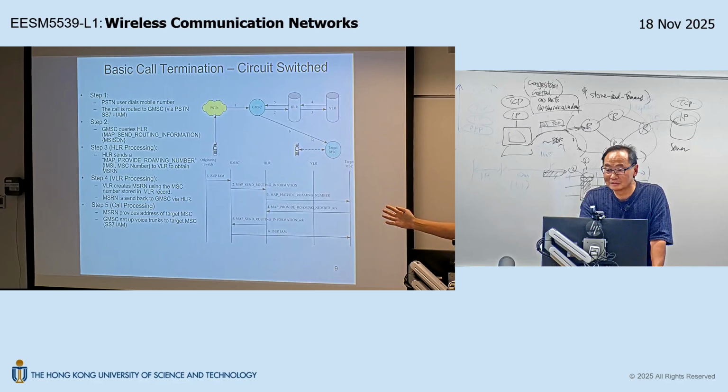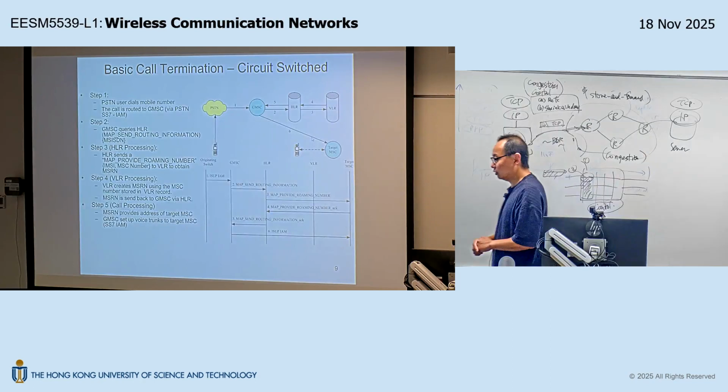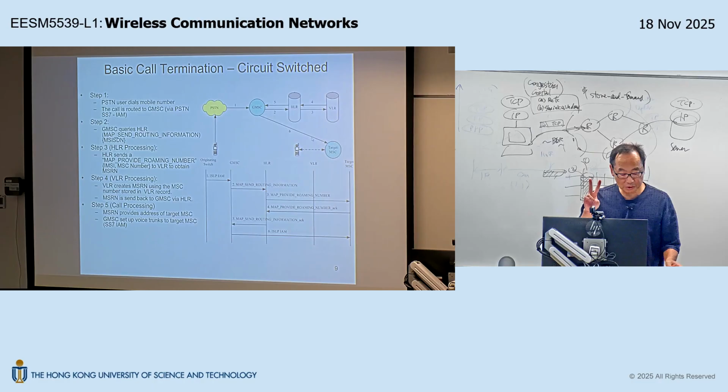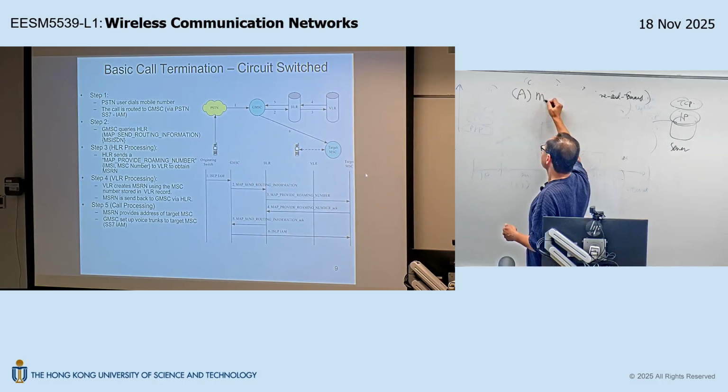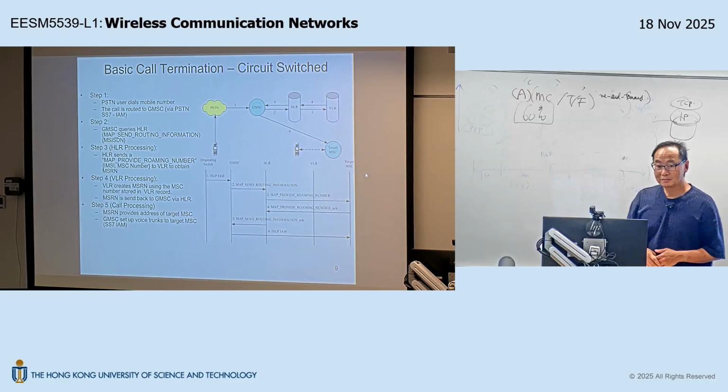Hopefully, wherever you are, you will receive one of these page messages, and then you will go through a page response. That would be the procedure. But if every single incoming call requires all 10,000 base stations to send a page message, you can see that the paging overhead will be very large. So that's not the way to do it.